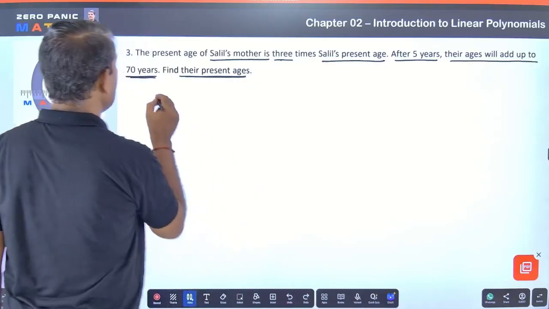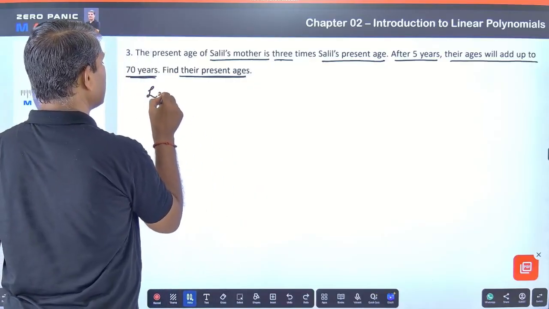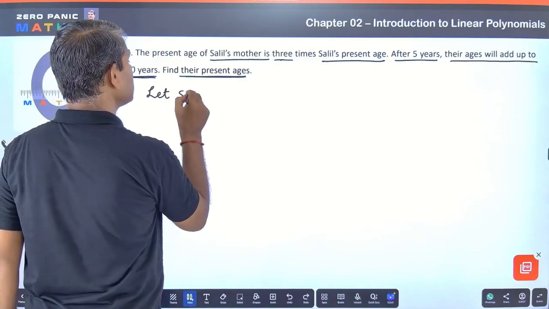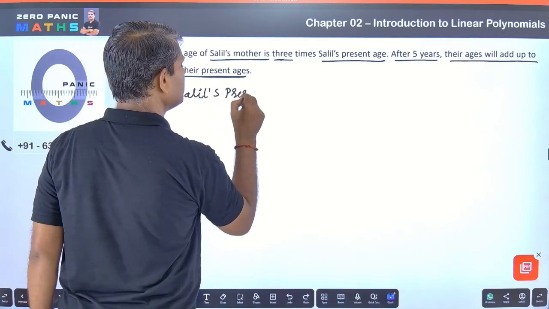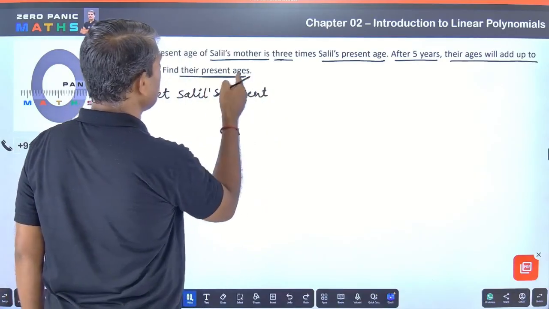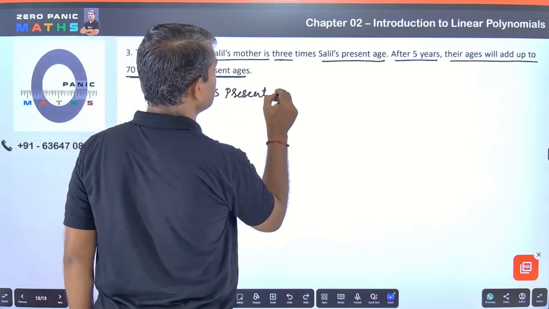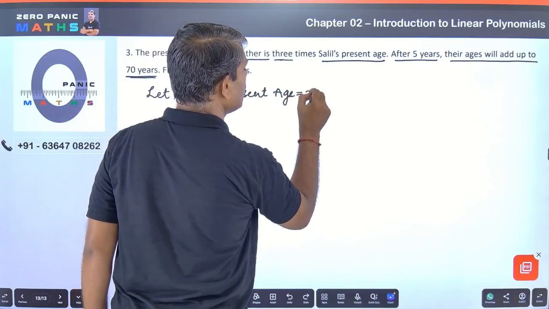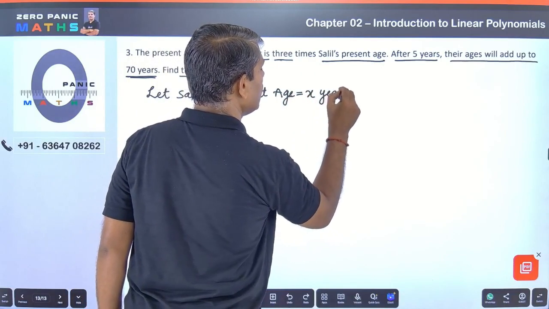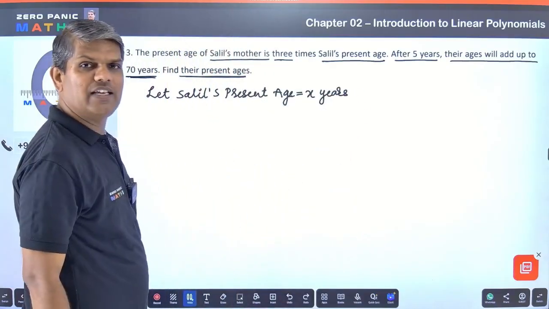As I already told you, let me write that. Let Salil's present age, because that is what we want, be equal to x years. We don't know it, that's why we have considered it as x years.